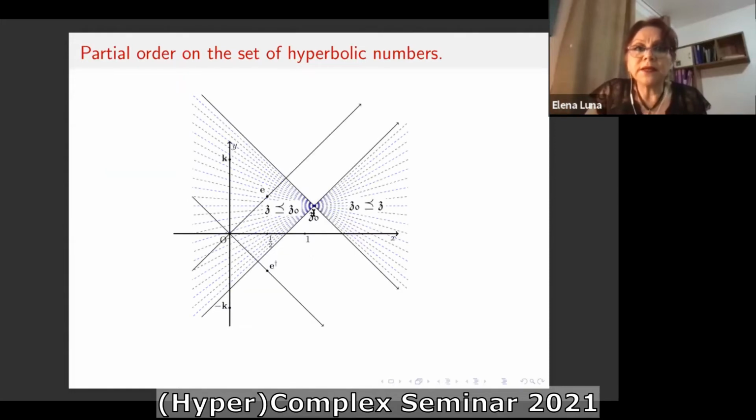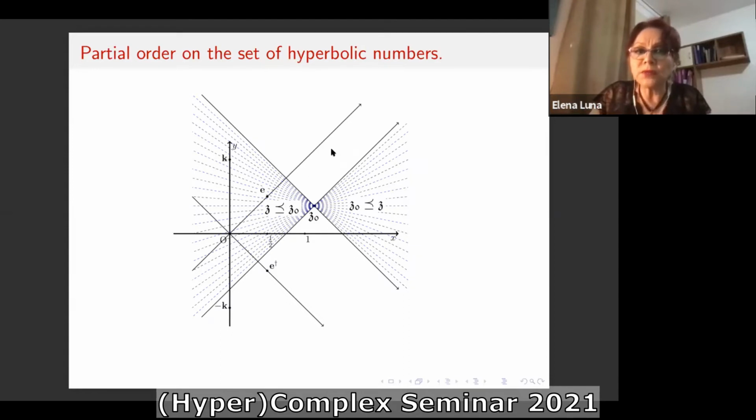And here is an illustration of how we can see the numbers that are related with a given hyperbolic number Z0. As we translate the cones of the positive and the negative numbers to this point, what is here are those which are larger than it, and here are those which are smaller.